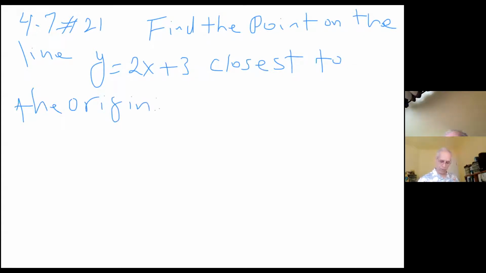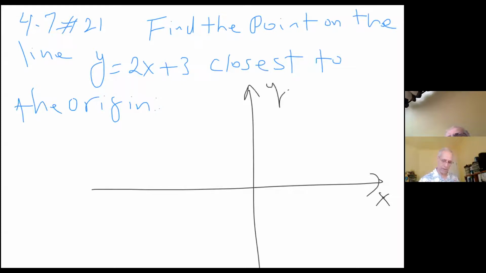So let's say this is x and this is my y-axis, and let's say that's the origin, (0, 0). The line y equals 2x plus 3 has a y-intercept of 3.